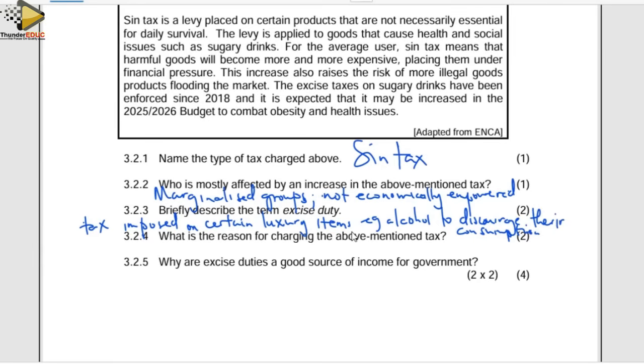What is the reason for charging the above mentioned tax? We have already answered the question: to discourage consumption. We want to reduce the consumption of those goods.